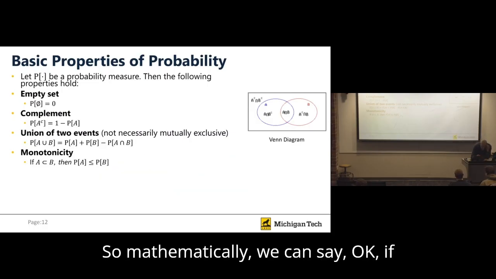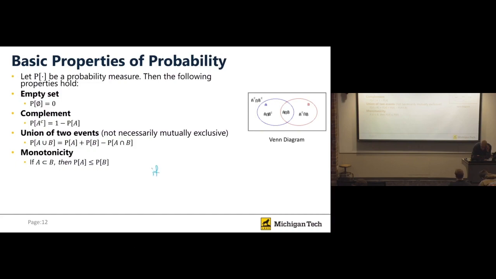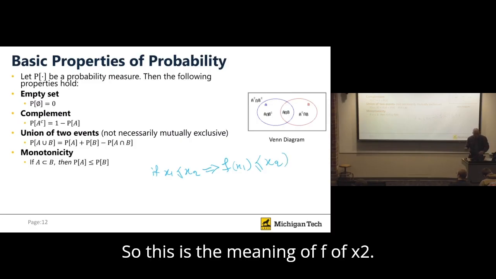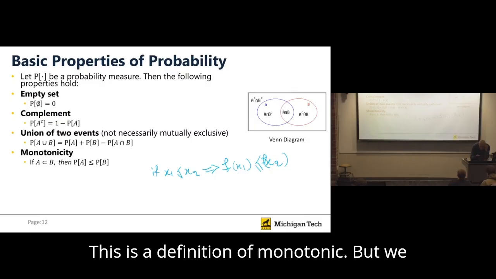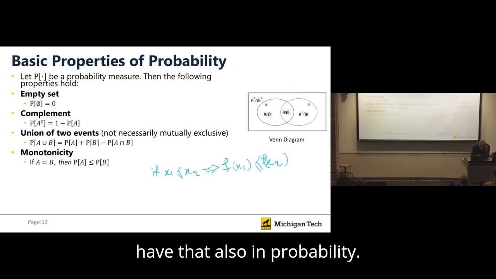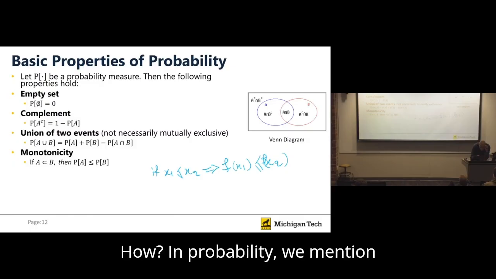So mathematically, we can say if x1 is smaller than x2, f of x1 is also smaller than f of x2. This is the definition of monotonicity. But we have that also in probability. How?